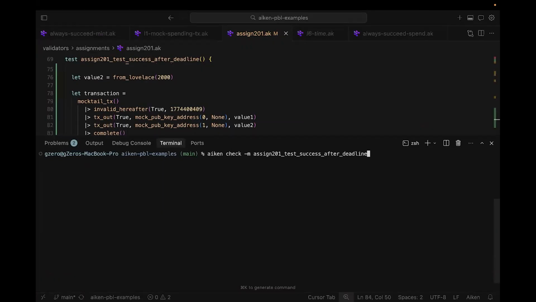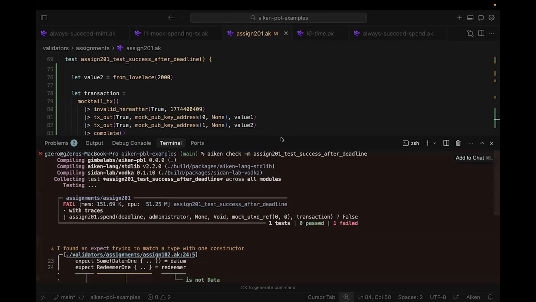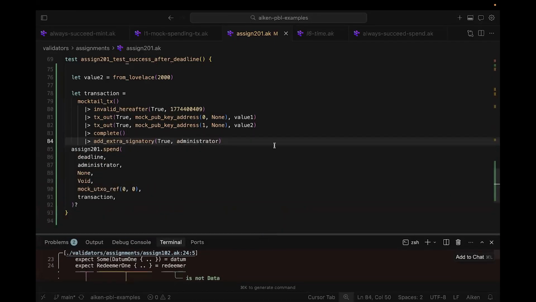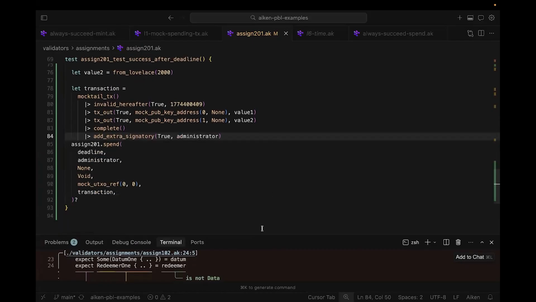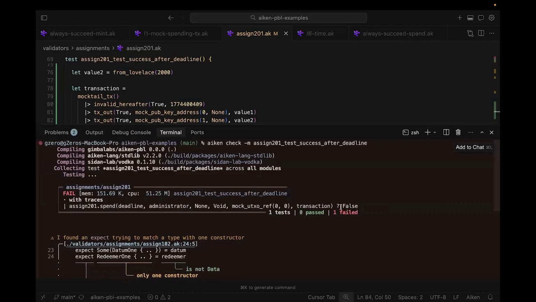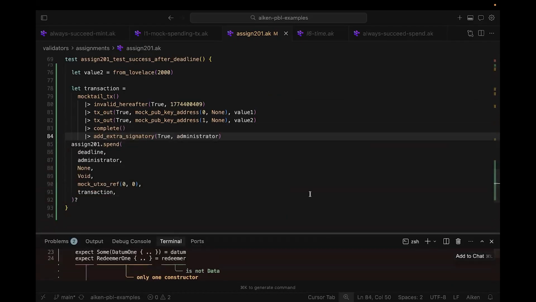Now I can check. Whoops, it failed again. What did we do wrong? So it's interesting, where is it failing?